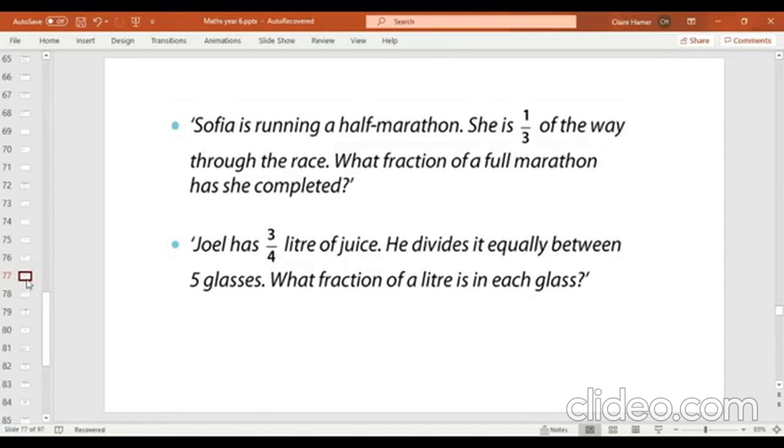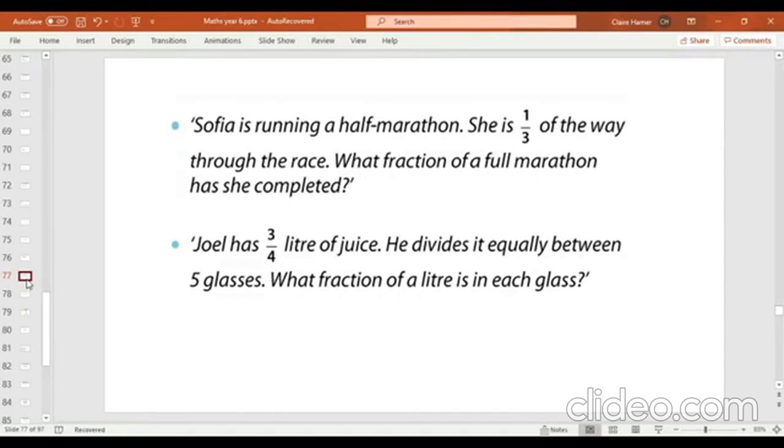Next one. Joel has 3/4 of a litre of juice. Okay, right, 3/4. I'm writing that down. He divides it equally between 5. Okay, so the question is 3/4 divided by 5. Oh, that looks really complicated. 3/4 divided by 5. I don't like that. I'm going to make it a multiplication.